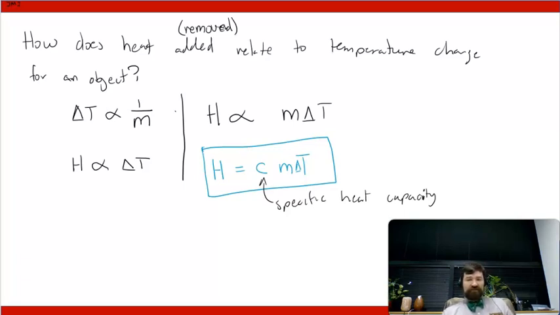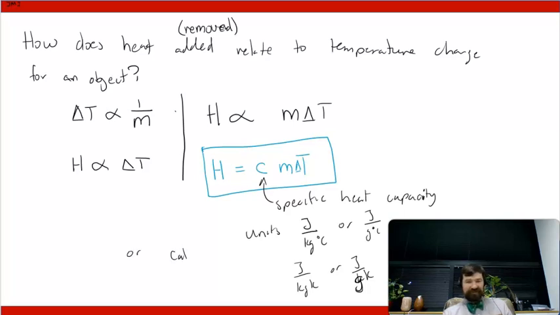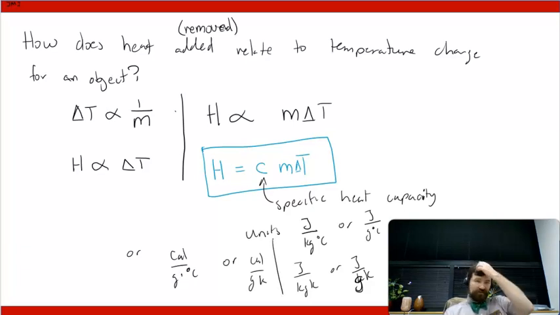So this specific heat capacity has units of either joules per kilogram degree C, or joules per gram degree C, or joules per kilogram K, or joules per gram K, or calories per gram degree C, or calories per gram K. Those are all valid units for this thing.